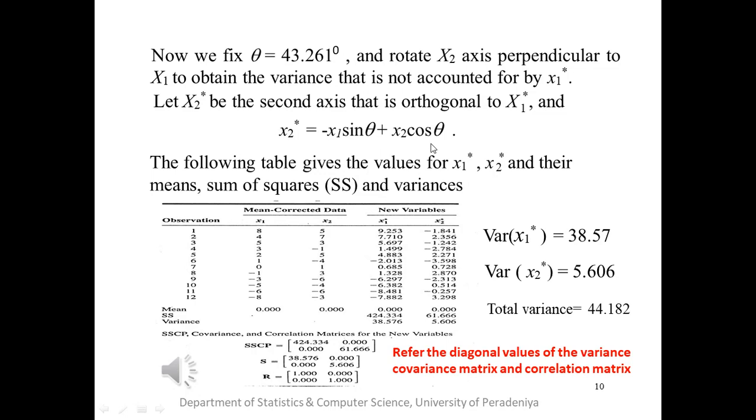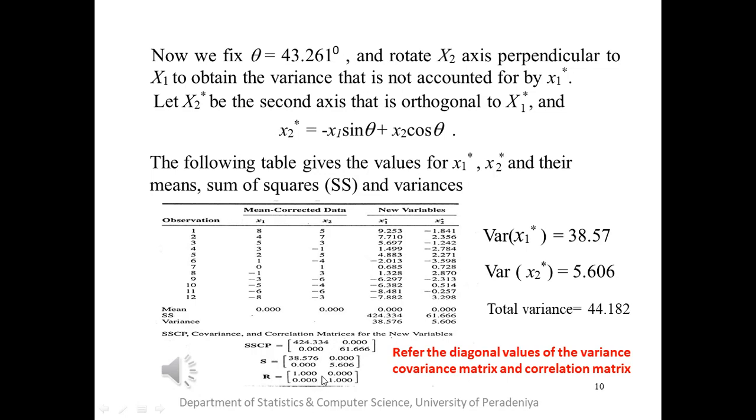In this table we can see the x1 star values, x2 star values, their means, sum of squares and variances. Using these values we can easily find the cross-product matrix SSCP, variance-covariance matrix and the correlation matrix. Refer to the off-diagonal values of the variance-covariance matrix and correlation matrix.